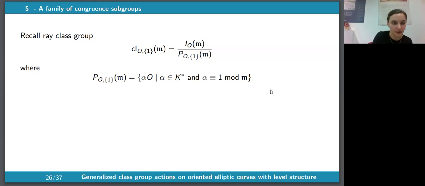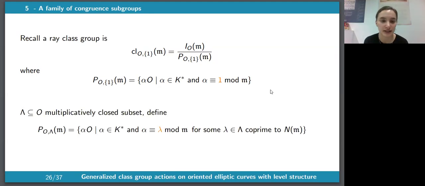So what we do is we take Lambda, a multiplicatively closed subset, and we define now these congruence subgroups P_{O,Lambda}(M), where we ask these generators alpha of ideals alpha O to be congruent to some element lambda modulo the fixed modulus M, where lambda is some element coprime to the norm of M. Lambda is taken to be a multiplicatively closed subset in order for these P_{O,Lambda}(M) to be groups.